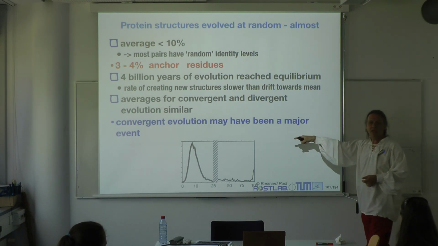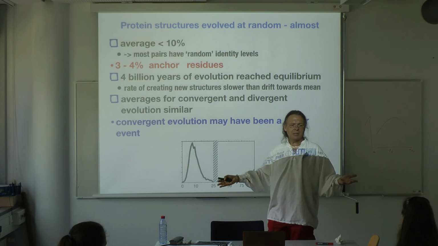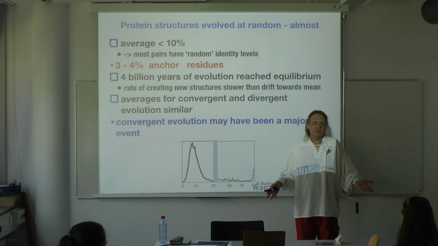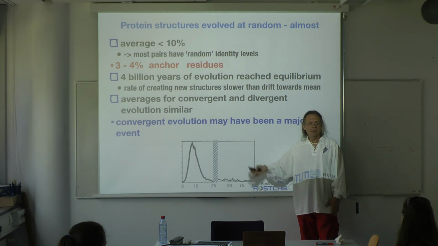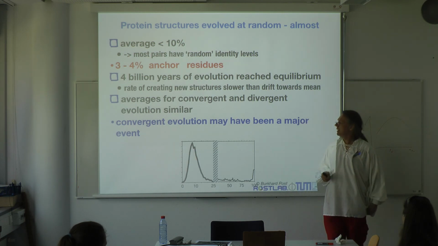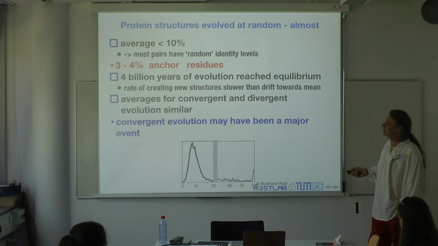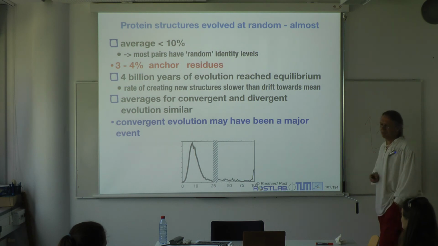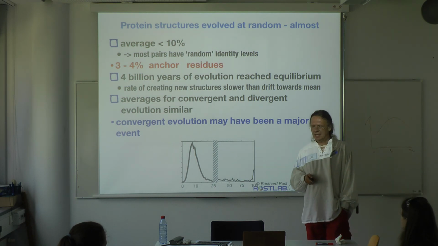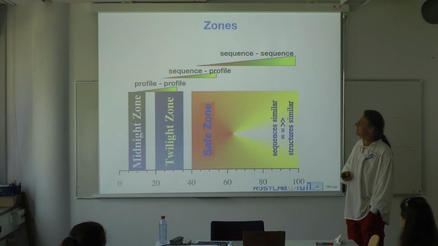But if you're that close to random, essentially you reach the point that most likely you can reach from both sides equally. Which means you somehow reached an equilibrium point. And this also means that most likely convergence to the same structure is a very frequent event.